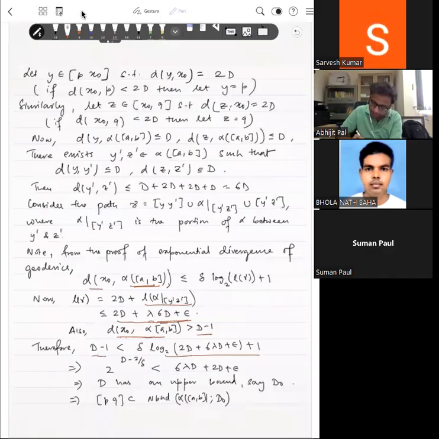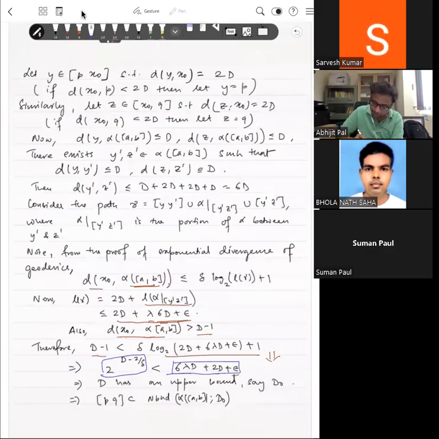From here, 2 to the power (d minus 2) over delta is less than 6 lambda times delta plus 2d plus epsilon. Observe that in this inequality the left hand side is exponential and the right hand side is linear in d.